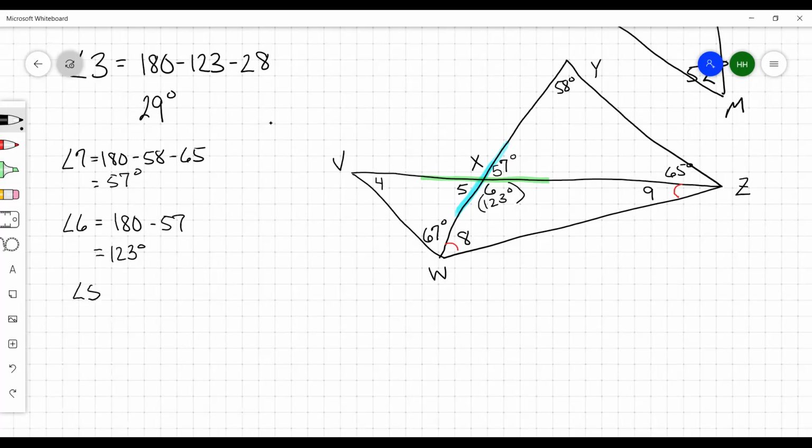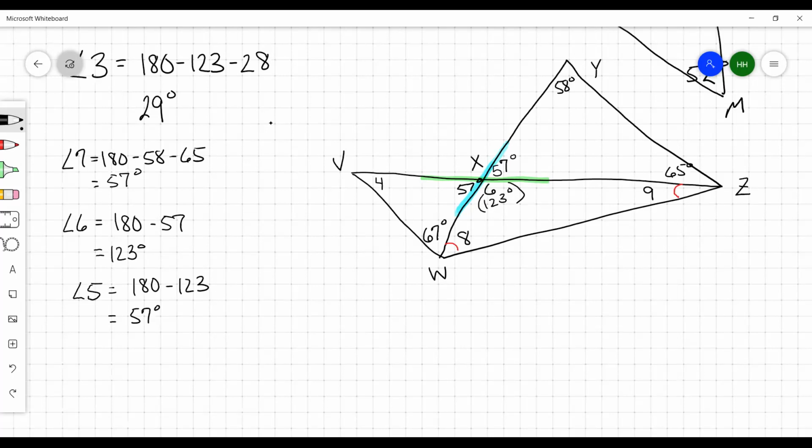So angle 5 is equal to 180 minus 123. And 180 minus 123, that's a 57-degree angle. So I can squeeze a 57 in there, 57 degrees.